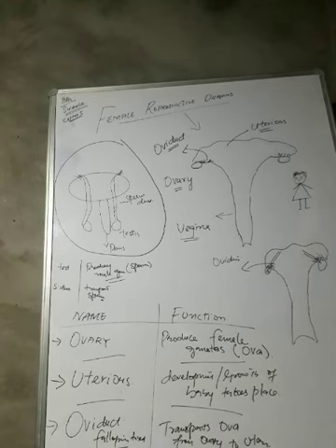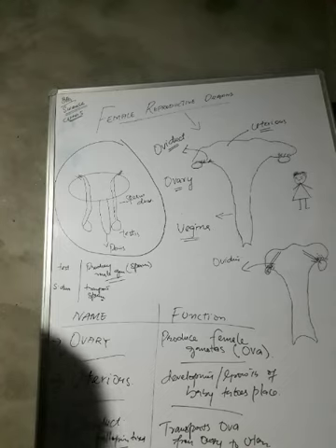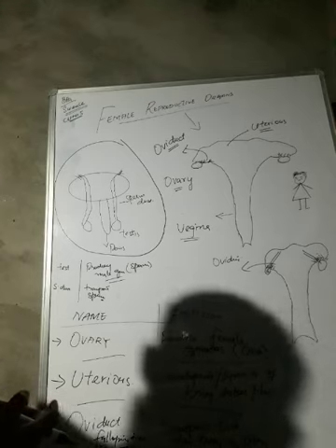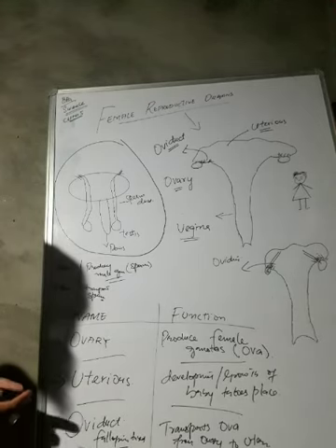The baby comes out from this organ that is called the vagina.